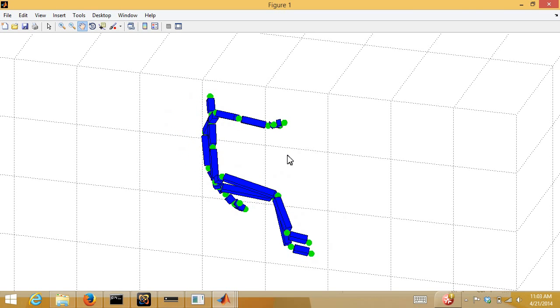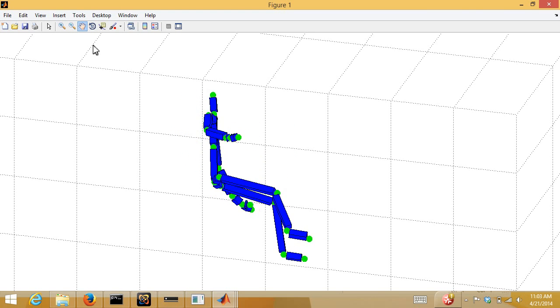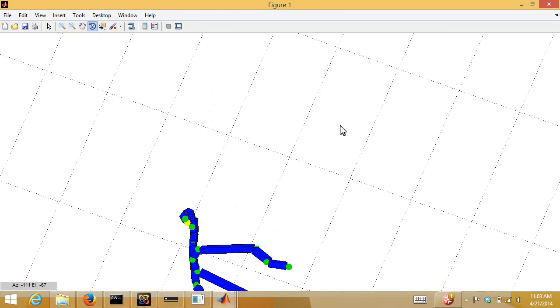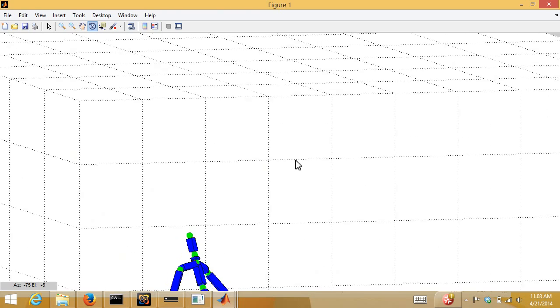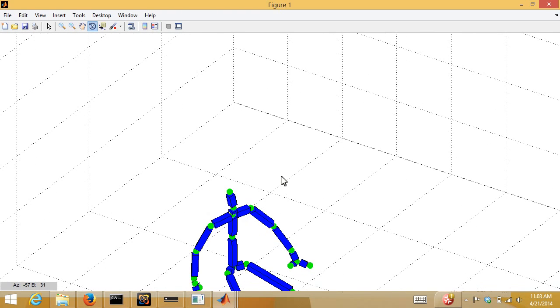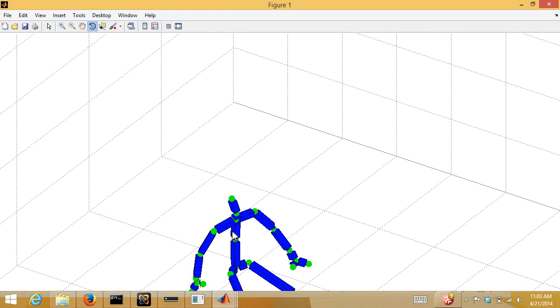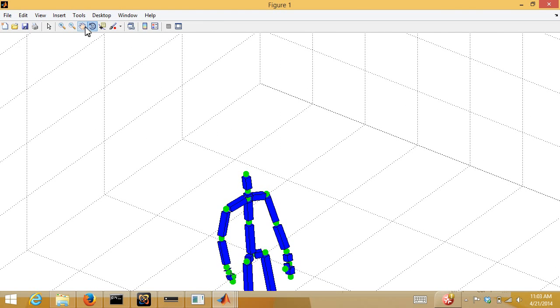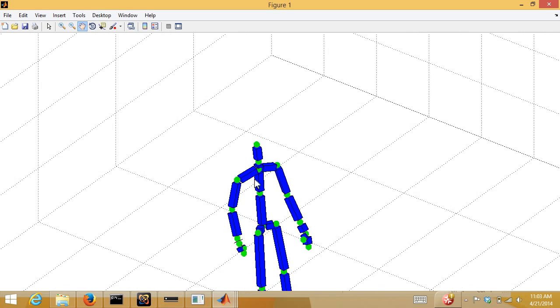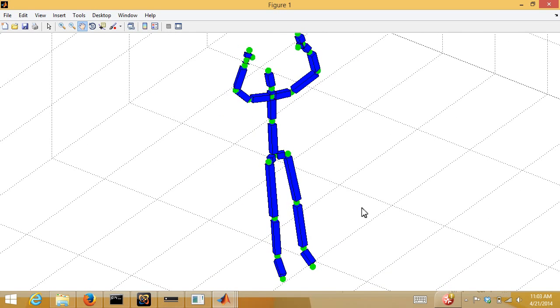So, again, it's probably trained more or less on expected poses. Sorry, I'm flying around you here. Well, that's pretty neat, right?